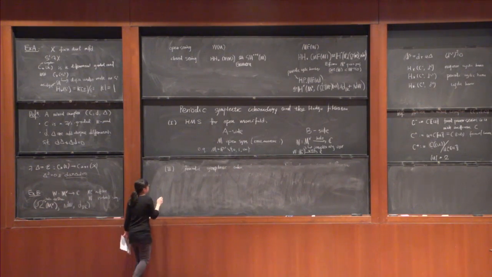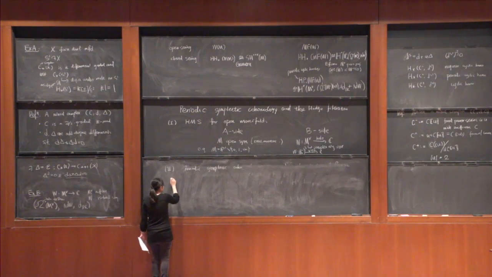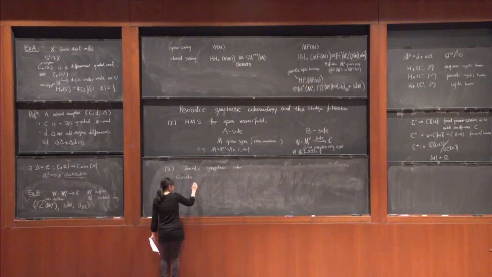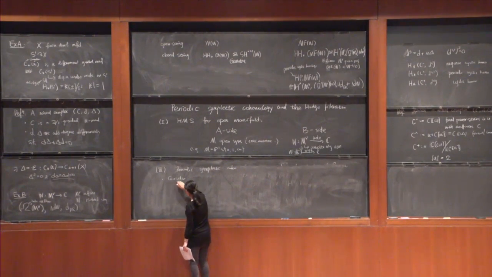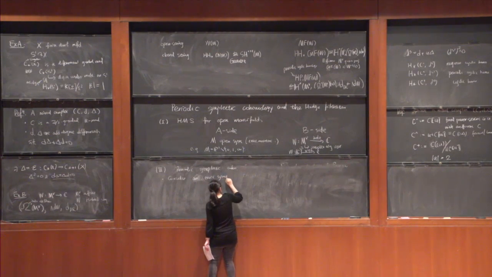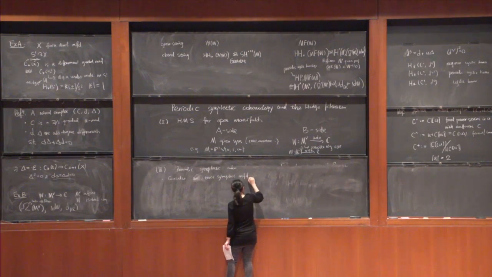Okay, so the setting again is an open symplectic manifold. I want to restrict myself to the case that I have an exact symplectic manifold just for the sake of presentation. So consider an exact symplectic manifold which is conical and convex at infinity.